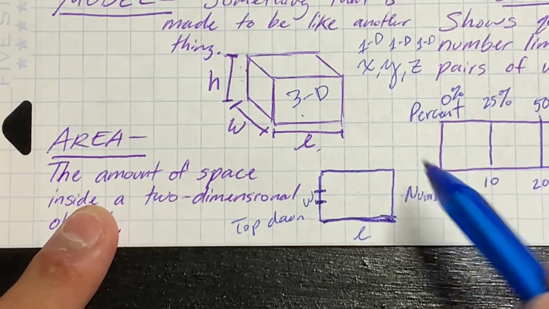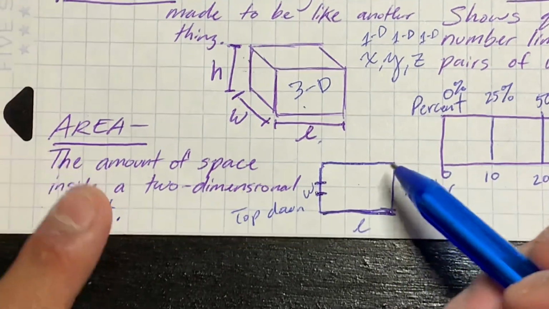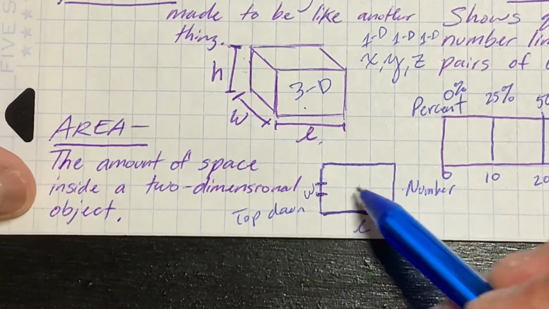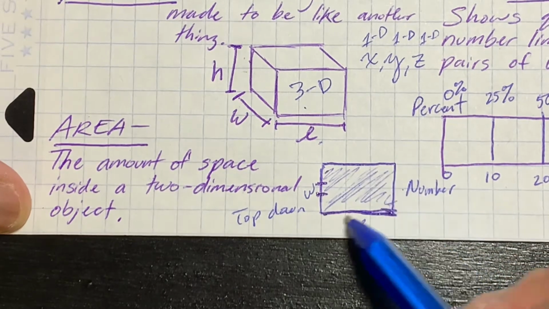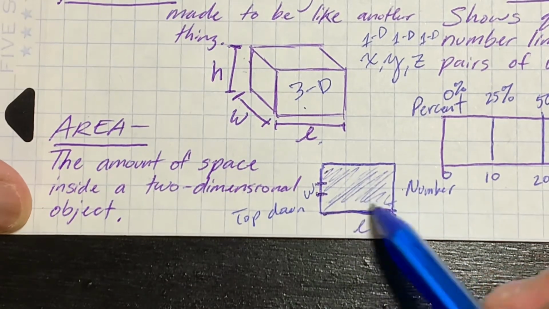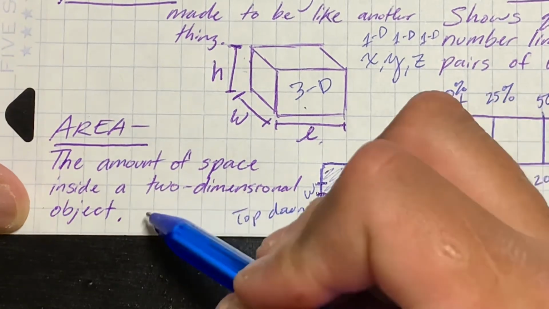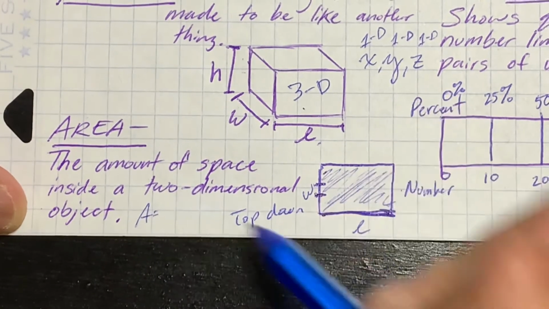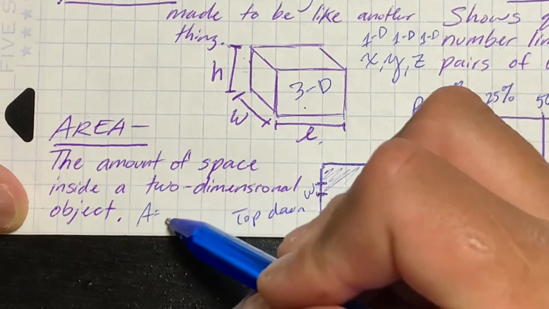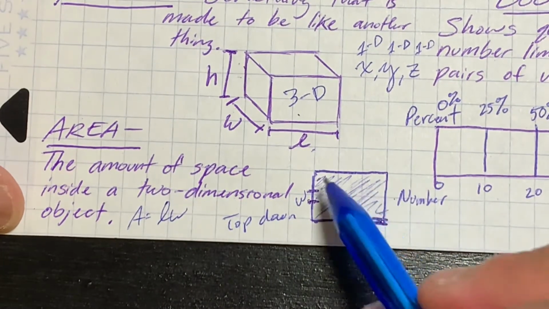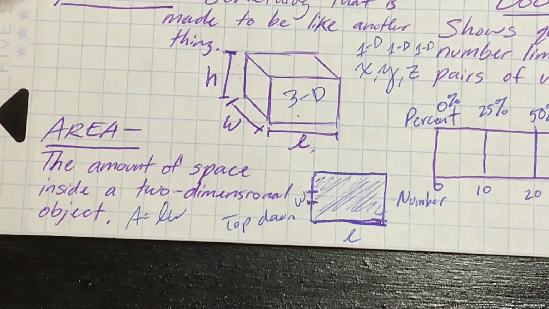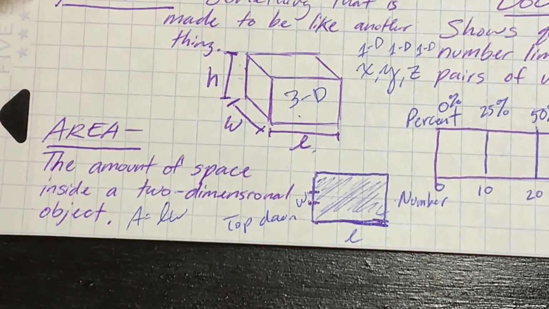The area is the amount of space inside. If we're just looking at the floor of the doghouse, how much space is in here? To find the area, you multiply the length times the width. You'll find the whole space measurement inside that doghouse, the doghouse floor.